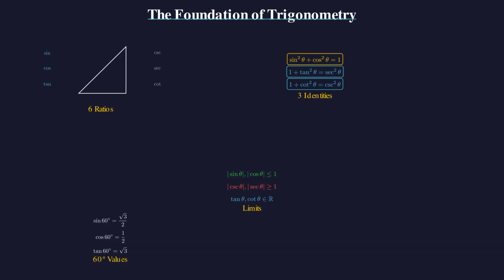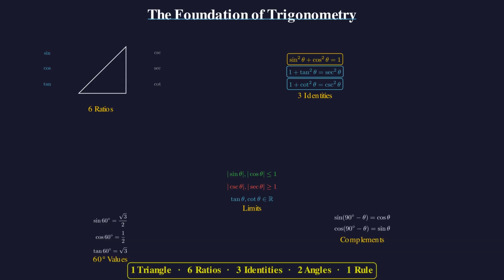We computed exact values for 60 degrees using a clever equilateral triangle trick. And we saw how complementary angles mirror every ratio. 1 triangle, 6 ratios, 3 identities, 2 angles, 1 elegant rule. That's the foundation of all of trigonometry.